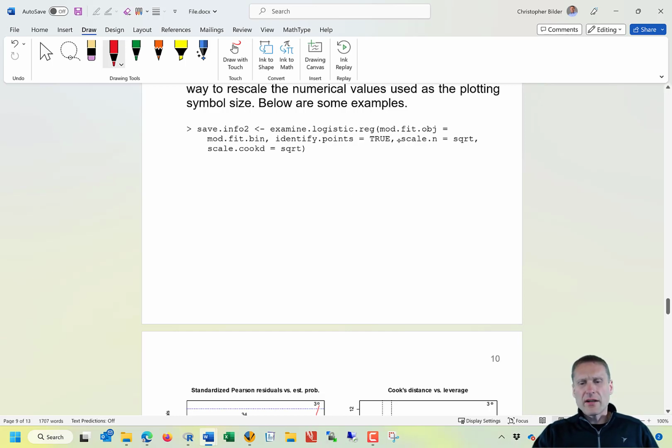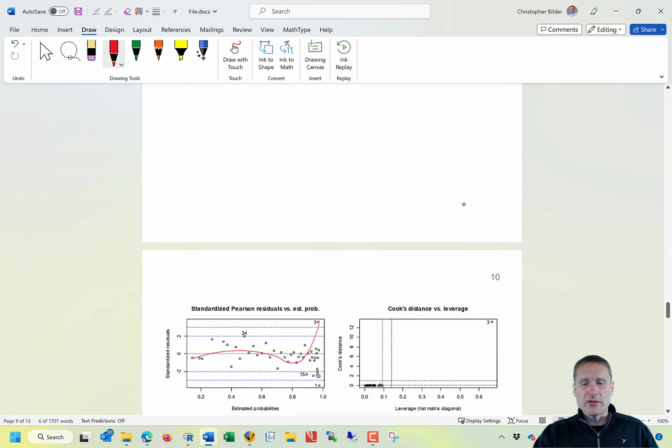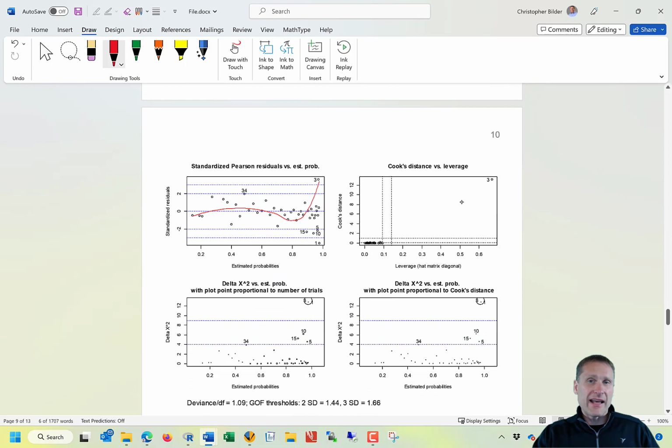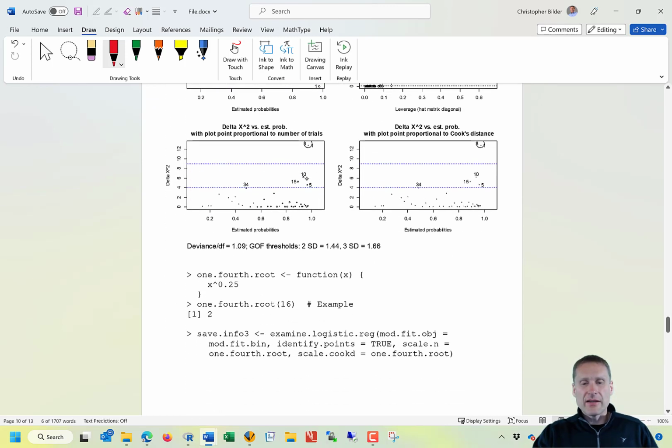So what I've done is build in additional arguments, scale.n and scale.cookd, so that for the bottom left-hand side plot and the bottom right-hand side plot, you can change the scaling of the points, the relative sizes, by some kind of transformation. If I use a square root transformation, so instead of plotting n sub m as the size of the plotting point, I could use the square root of n. We get this particular set of plots, and now we can see some of the other observations having bigger plotting points.